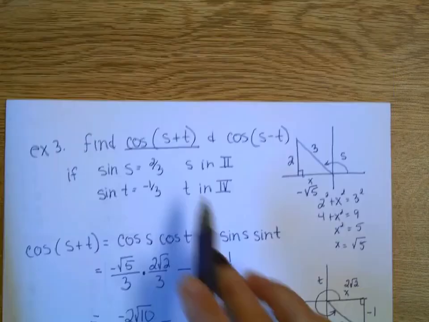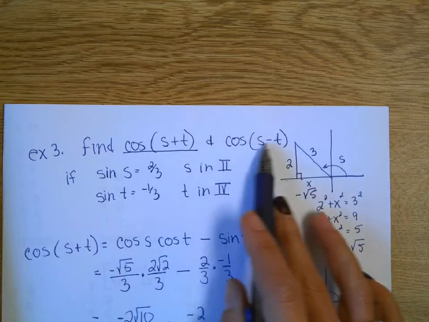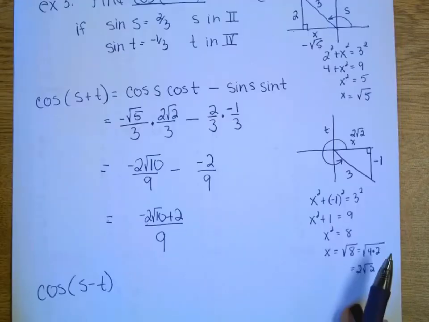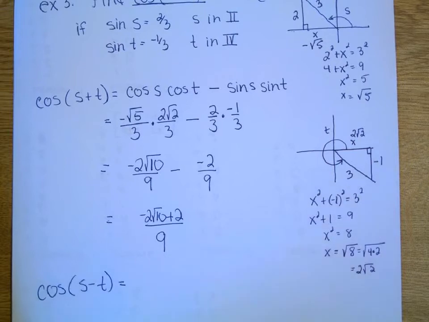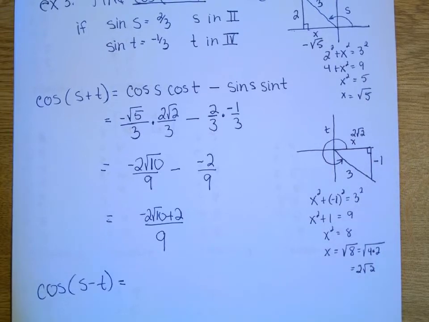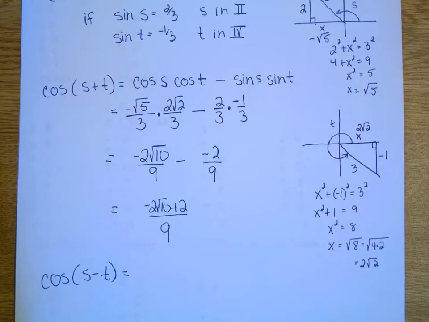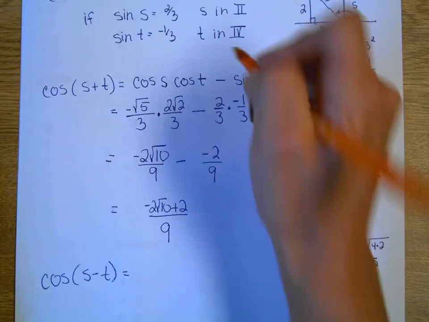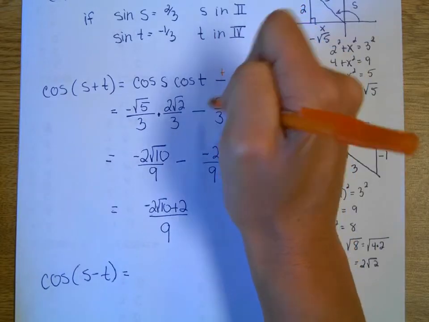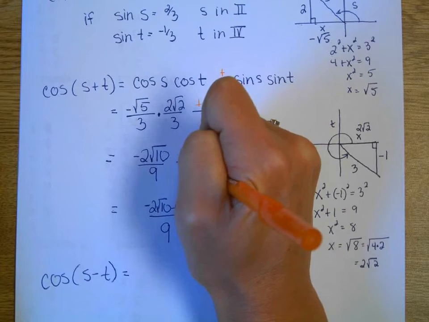Well, I wanted two things, cosine of s plus t and cosine of s minus t. But be clever. What's the difference between the two identities? Nothing. Yeah, something. What was the difference? You would carry through an add in the middle instead of a subtract. So it would be an add here, and an add here, and an add here.